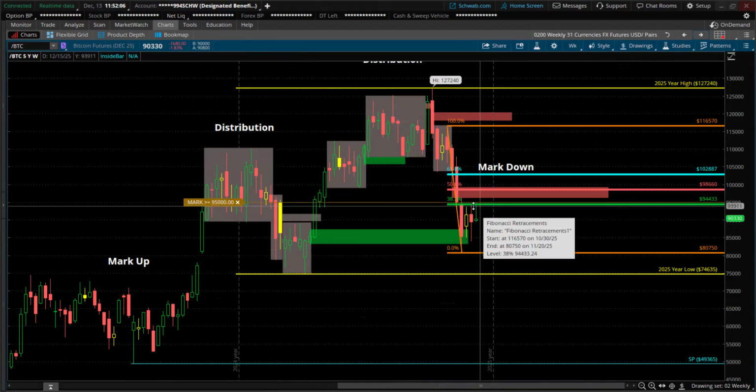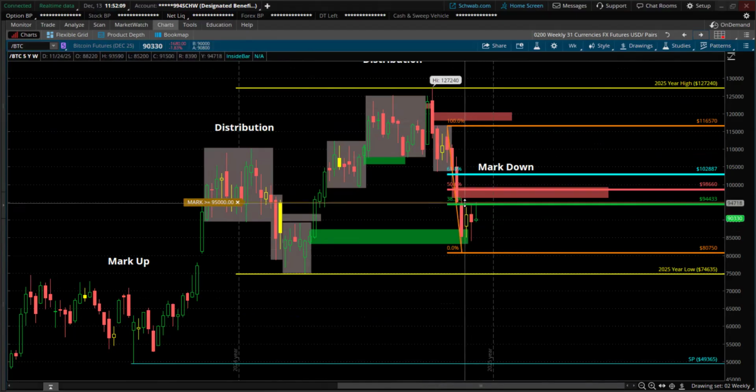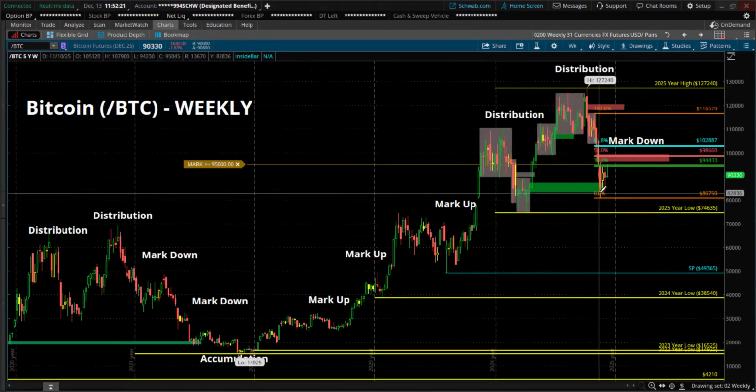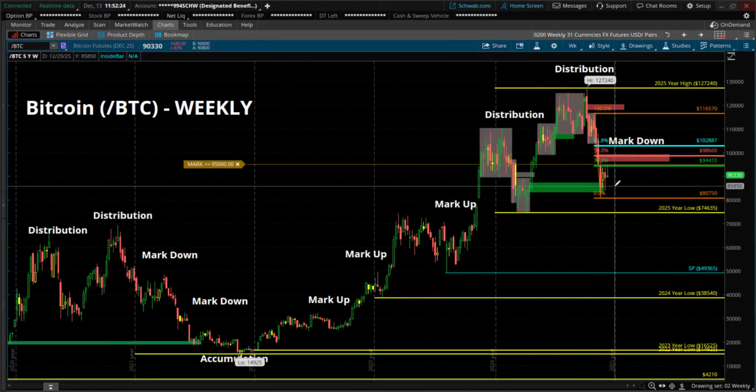This week, as well as last week, we tested the 0.382. Both times failed to close above it. Rejection. And this green candle this last week, big wick on the top, small little body, bearish pin bar. I'm expecting more declining prices in Bitcoin based on the charts.